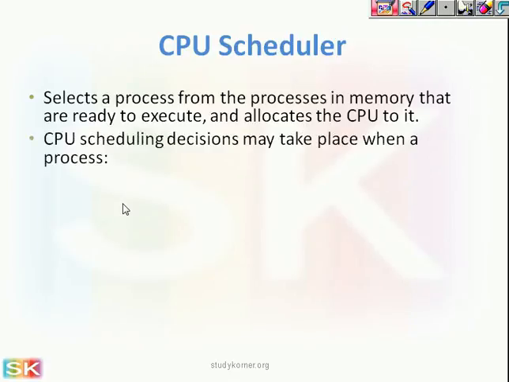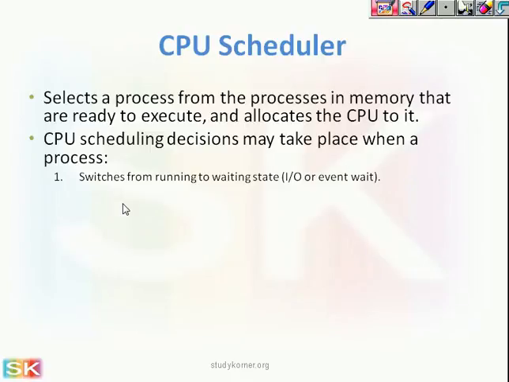So CPU scheduling decision may take place when a process switches from running to waiting state, right? So here we are trying to see when a CPU scheduling decision takes place, or in other words, under what circumstances, or under what events CPU scheduler process will be invoked, right?